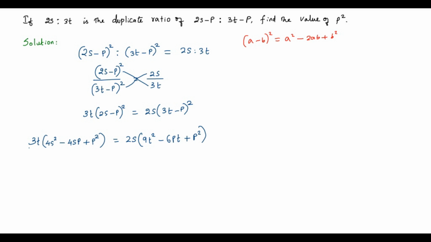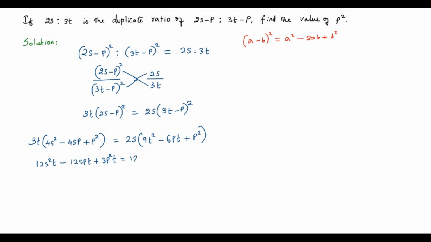Now we have to multiply 3t with 4s square minus 4sp plus p square, that is, distribute 3t to all the terms inside the bracket. Multiplying 3t and 4s square, you will get 12 s square t, minus 3t times 4sp which is 12 spt, plus 3p square t.